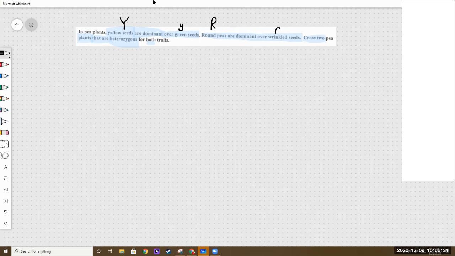So then here, we are heterozygous for both. So it means the 2 plants are capital Y, little y, both of them, and then capital R, little r, all right? So for plant 1, it is capital Y, little y, and then capital R, little r.